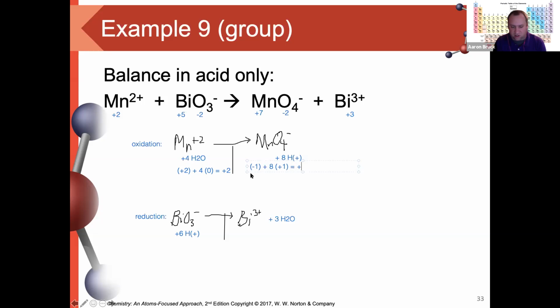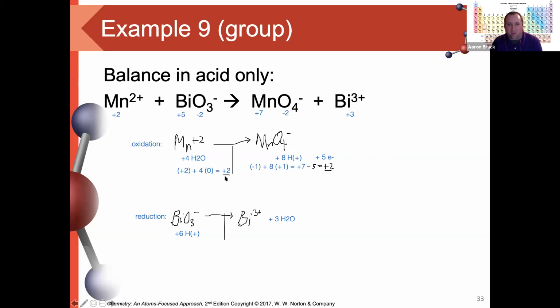Total charge over here is +7. And so I would need to add 5 electrons to this side to get rid of that extra positive charge. And so the electrons always go on the side that has extra positive charge. And so now I've got those charges to even out.